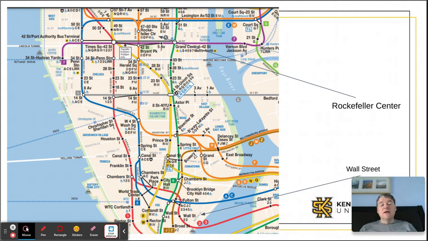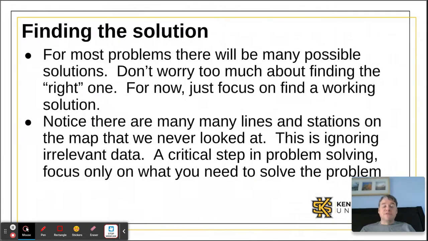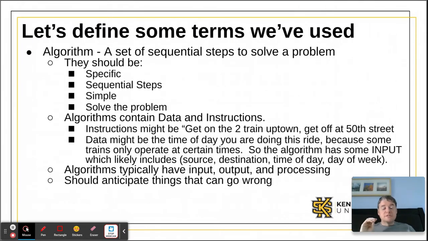What does that mean? Well, in some of these stations, it means climbing a stairs or descending a stairs. In other stations, it may mean actually coming out onto the street and crossing the road and going down another stairs to get to the other station. Sometimes they're not even fully connected. So your instructions have to be very, very specific. An algorithm needs to be specific, sequential steps.